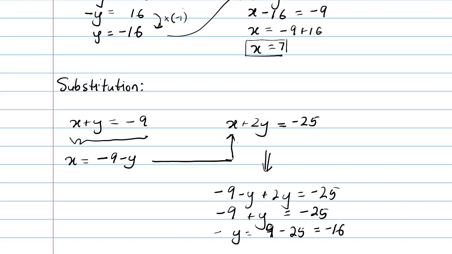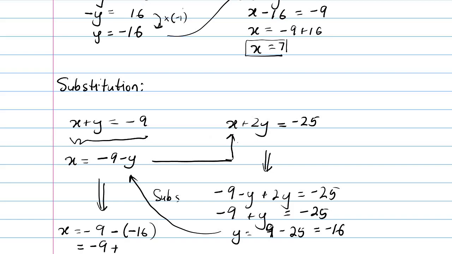And then you substitute this here, which gives you x equals negative 9 minus negative 16. Be careful with the double negatives. Negative 9 plus 16 is just 7. The same answer that we got earlier, right? So x equals 7.